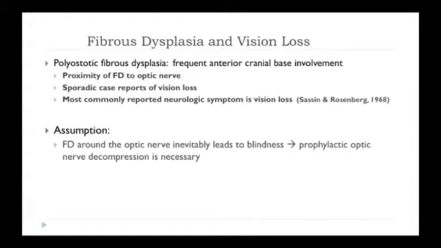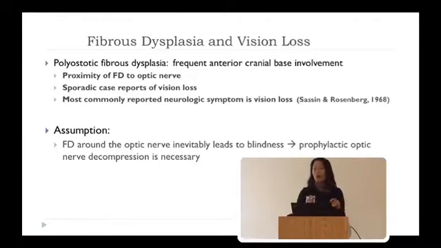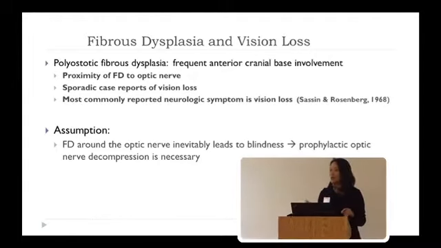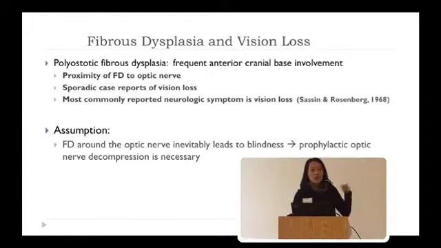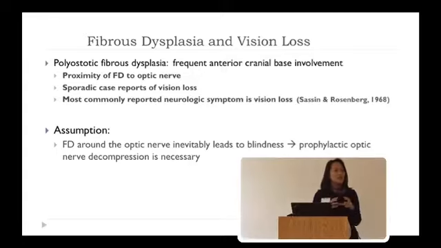We have actually new images now that help us quantify and look more carefully at the optic nerve, which is really important because that will dispel this idea that vision loss is the most common neurologic symptom. So based on that study and several earlier studies, the assumption was made that when you find fibrous dysplasia around the optic nerve, that you will inevitably have constriction of that nerve, and you will inevitably have blindness.